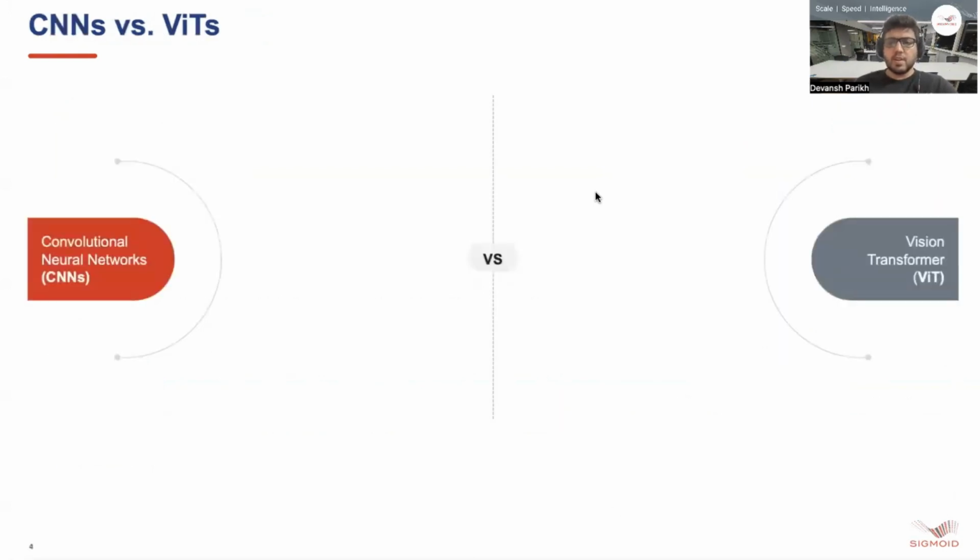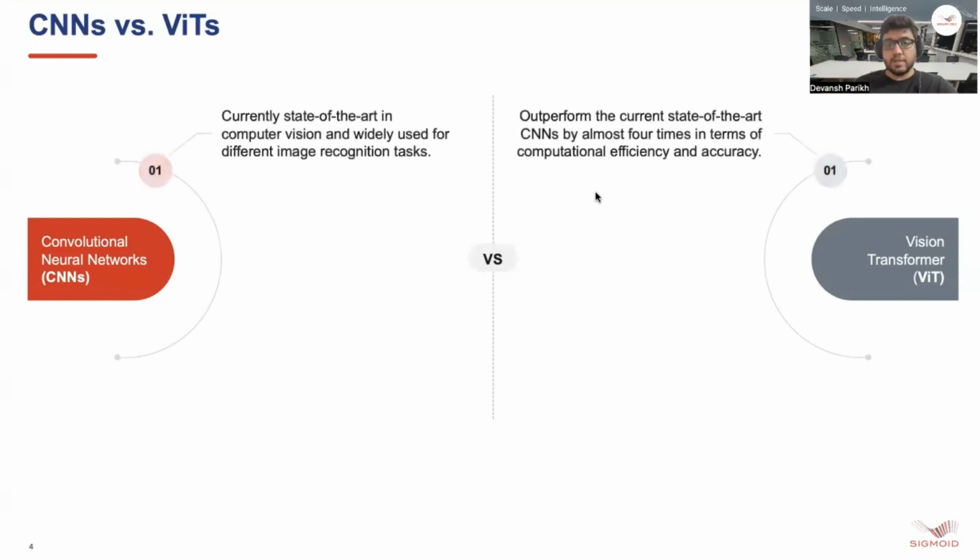Now, one cannot talk about computer vision without talking about the architecture which has been present for at least the last decade, which is CNNs. So I'd like to highlight some of the differences between convolutional neural networks and vision transformers.